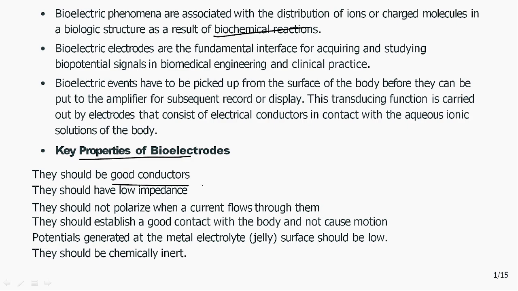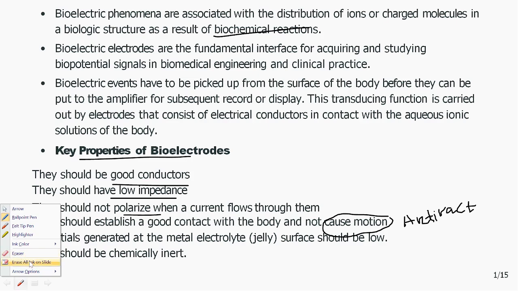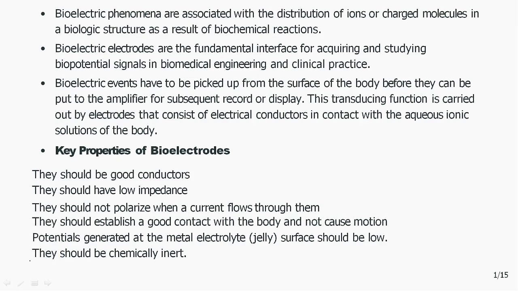First, the bioelectrodes must be good conductors. They must have low impedance so that very low amplitude signals can be captured. They should not be polarized. They should establish a good contact with the body so that during any motion there will be no noise or artifact created. Similarly, the potential generated at the metal-electrolyte surface should be low and they should be chemically inert. These are the characteristics of a bioelectrode.